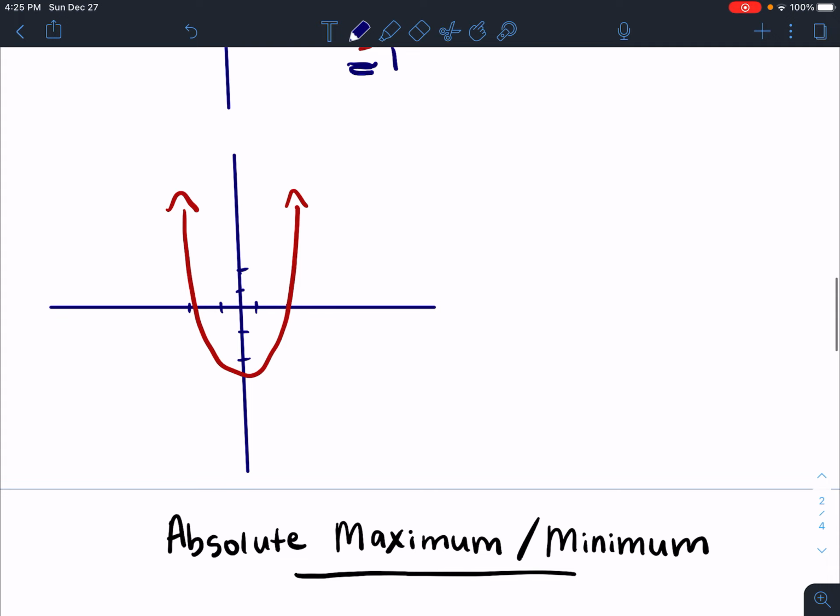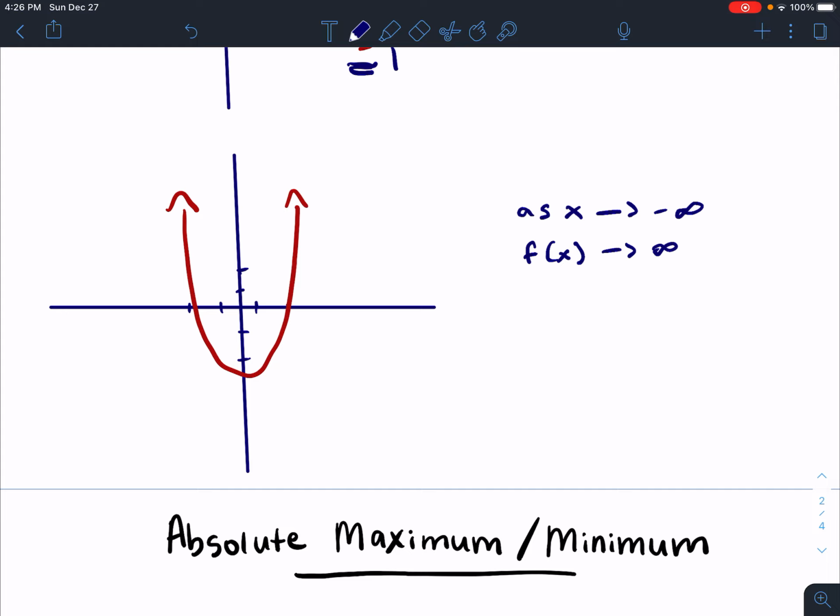And now for this graph, the x values over here are approaching -infinity. So as x approaches -infinity, f of x approaches +infinity because the graph is going up.